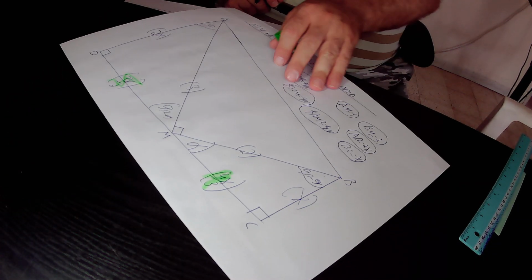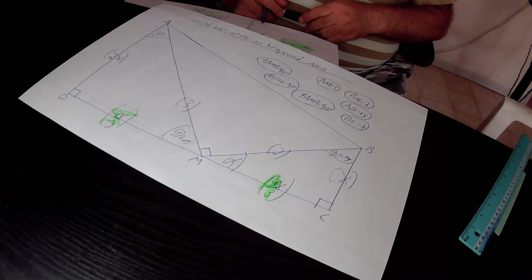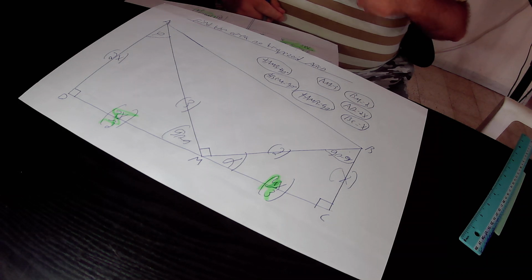In the next step, I'll copy this small right triangle BMC onto a new page, and we will apply the Pythagoras theorem on it.